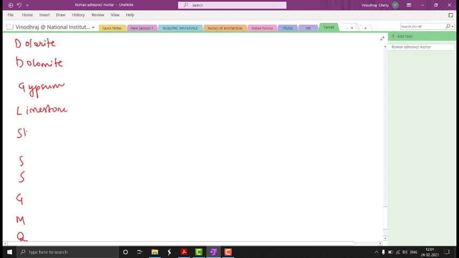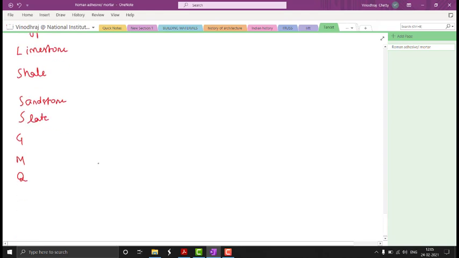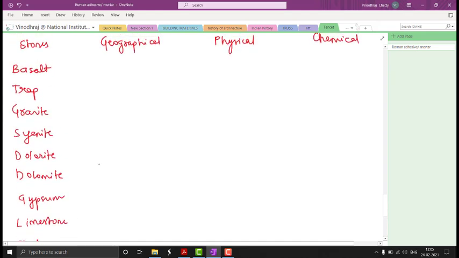This is shale, sandstone, slate. GL triple S, GMQ. This is known as gneiss, marble, and quartzite. Okay, so these are the 14 stones which are regularly asked in any exams.